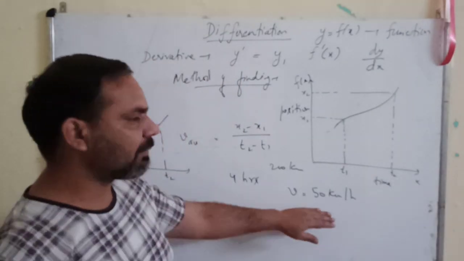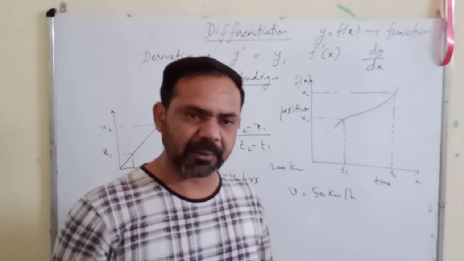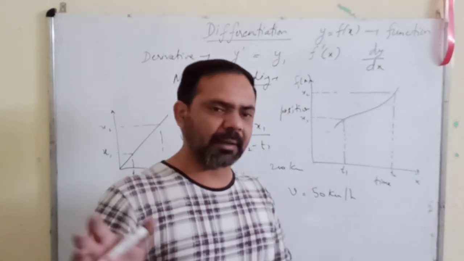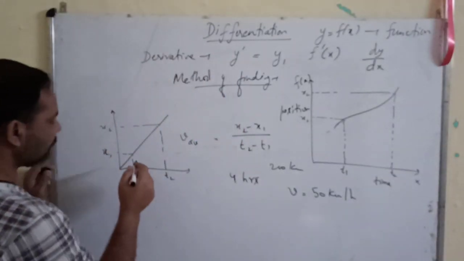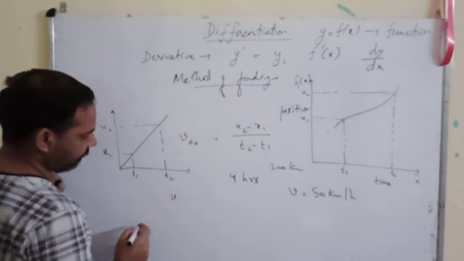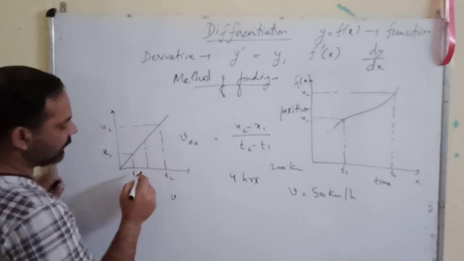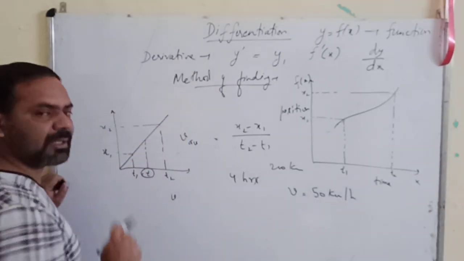So if I say the car is traveling with a uniform velocity of 50 km per hour, what was the velocity at any particular time? It will remain 50 km per hour. Suppose from t1 to t2 it traveled with a speed of v. Then what will be the velocity of the car at this time t? It will remain v because the graph is a straight line.